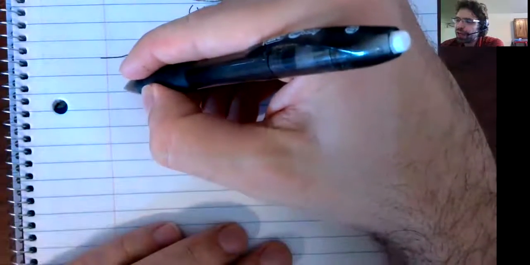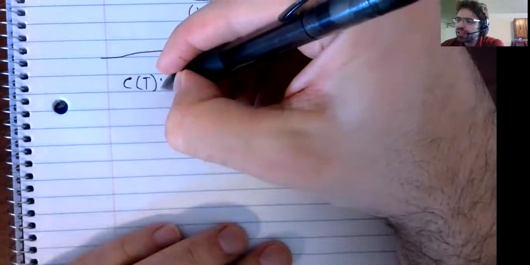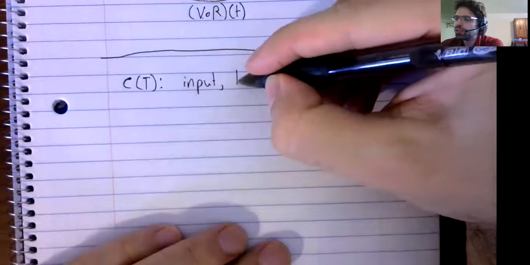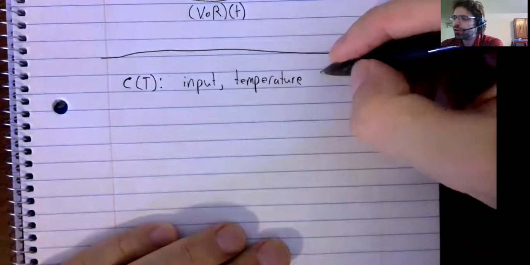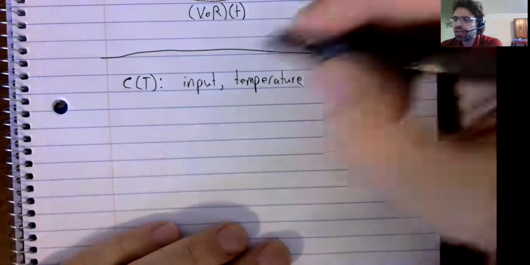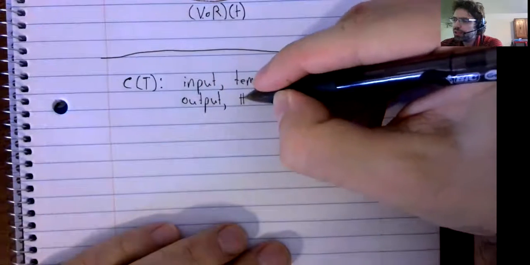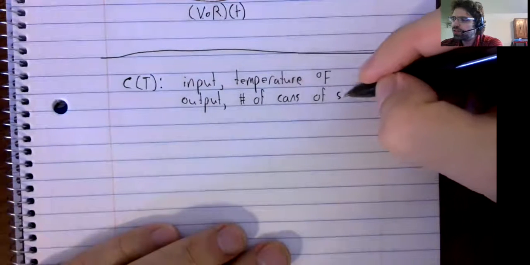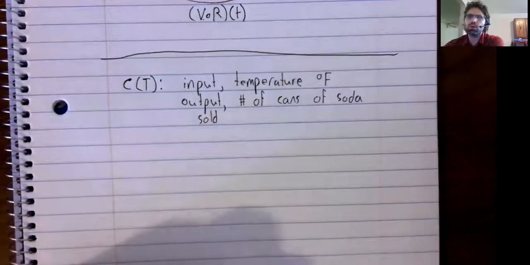For example, let's define a function C of t that's going to take as its input the temperature in degrees Fahrenheit and give as its output the number of cans of soda sold over the course of the day.